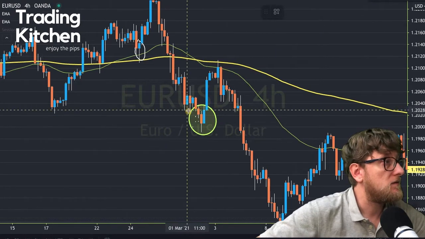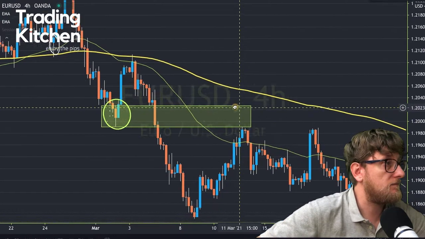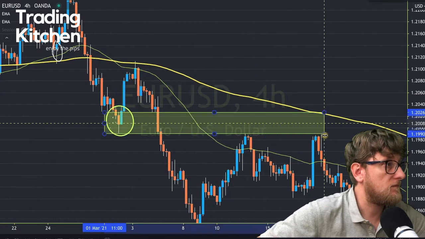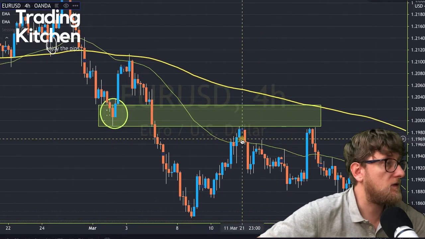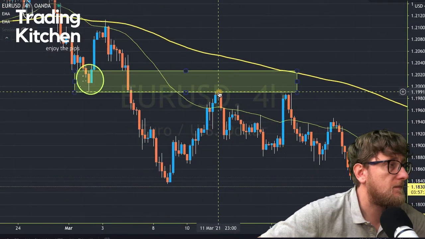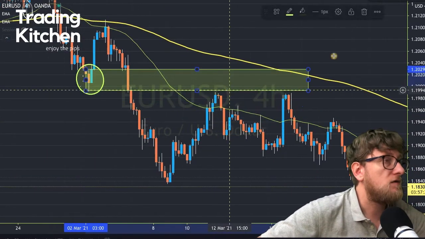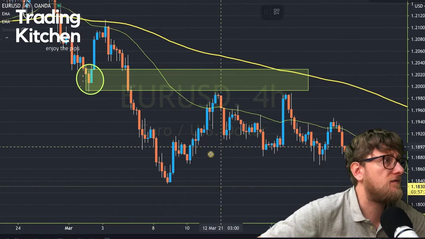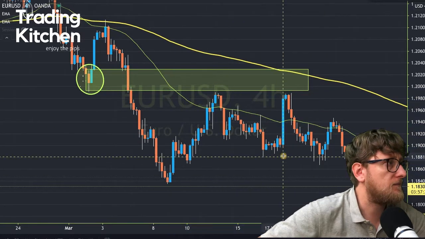So as you can see, it works here or not. Okay, but it works, just because from this zone price had reacted.